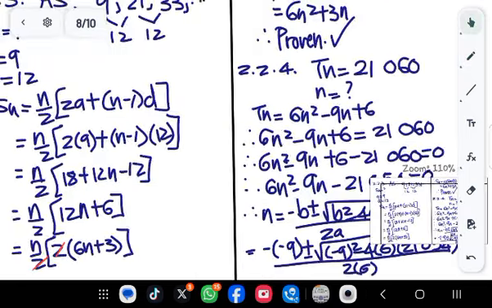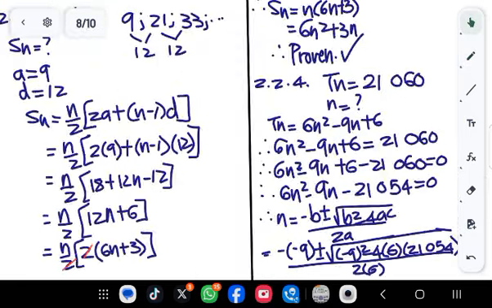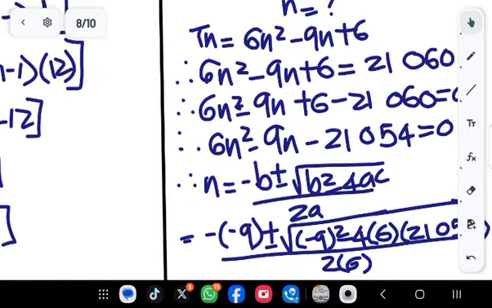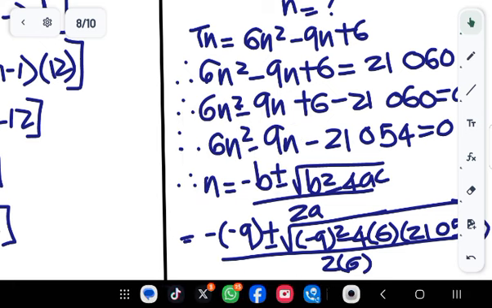Let's take out the calculator and calculate this number.